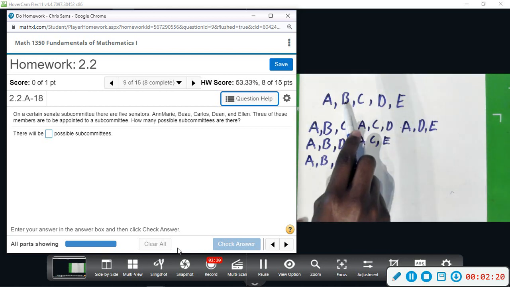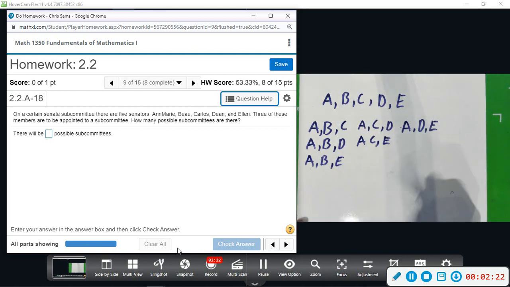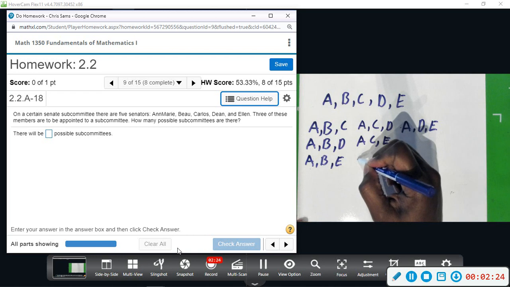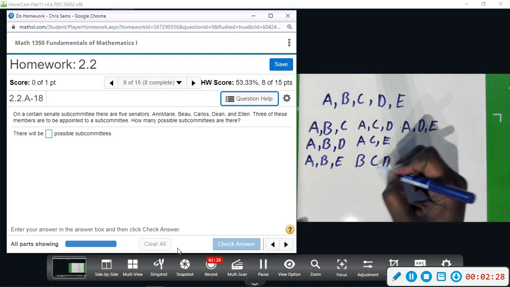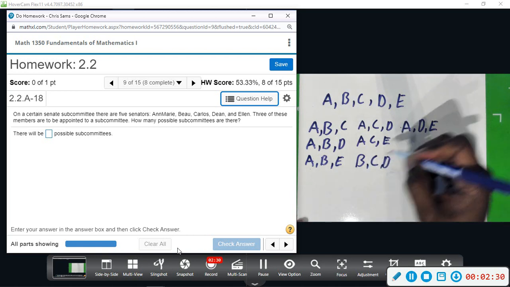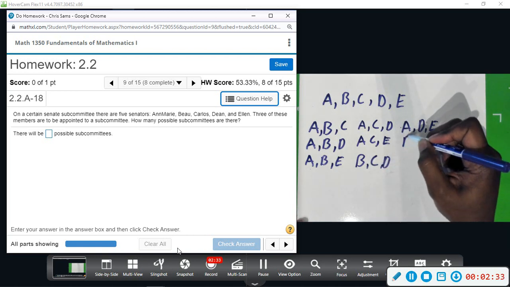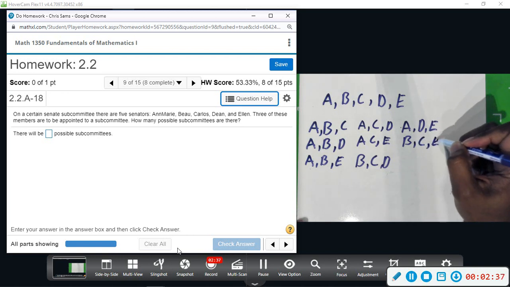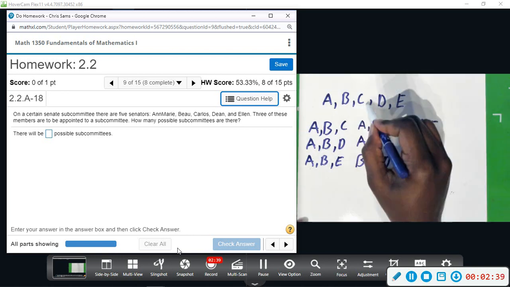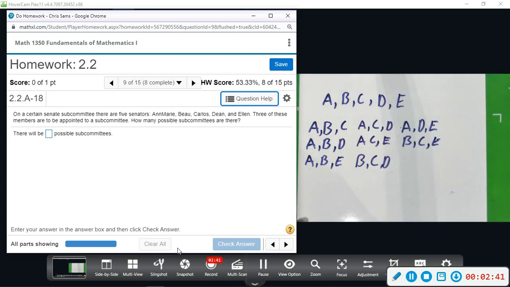Now we're going to start with B and just kind of shift over. So we're going to do BCD, and then we'll do BCE. So we did BCD and then BCE, everything we can do starting with BC.